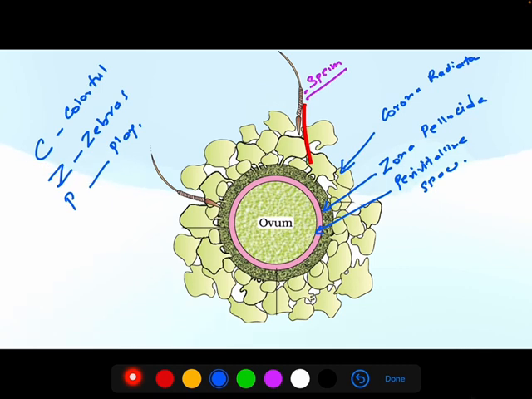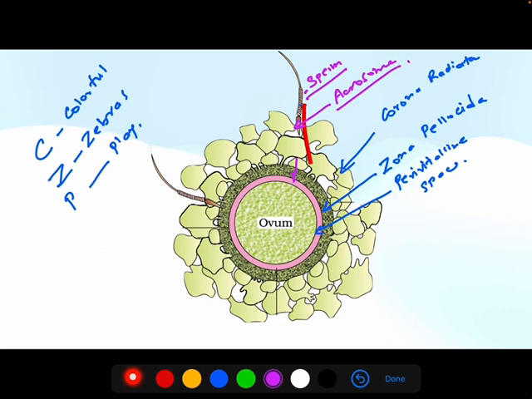So now the sperm moves through the corona radiata, crosses the zona pellucida and the perivitelline space, and the acrosome of the sperm plays a very important role here.